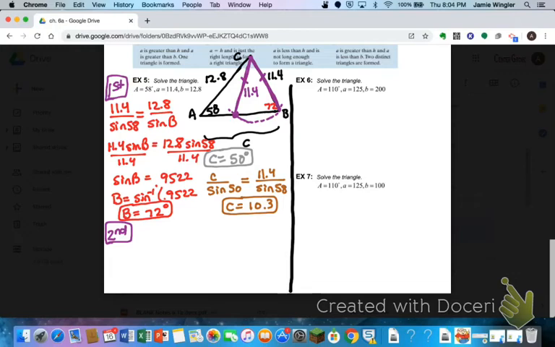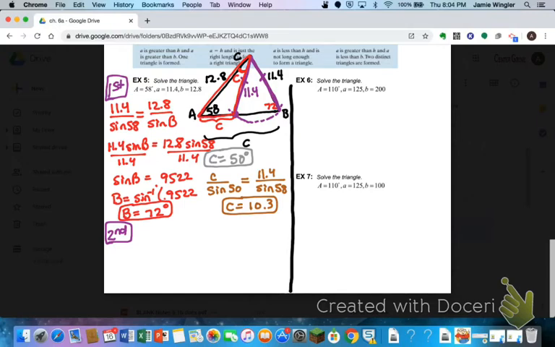What I just did is I created a new angle C, and a new side C, because I created a new triangle with my given information.